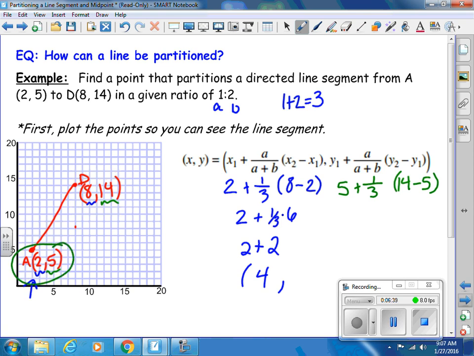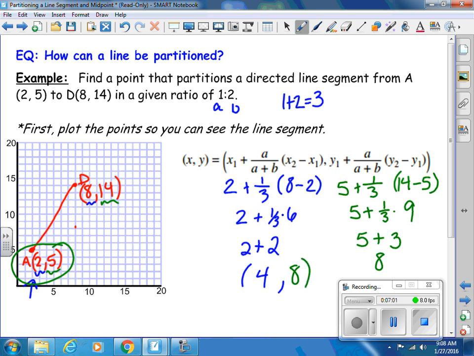All right, so 14 minus 5 is 9 times 1/3. So 9 times 1 is 9, divided by 3 is 3, plus that initial value that we started with, the Y at 5, so we get 8.